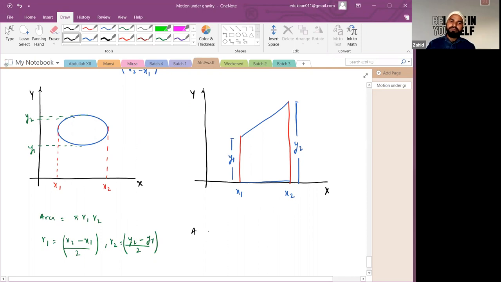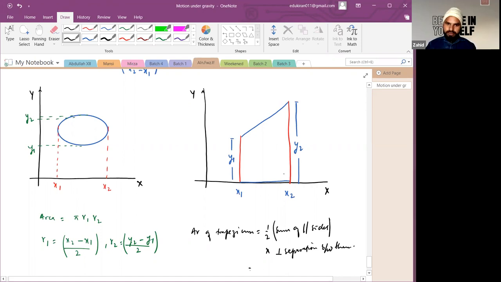Now, the area of a trapezium will be half times the sum of parallel sides into the perpendicular separation between them.